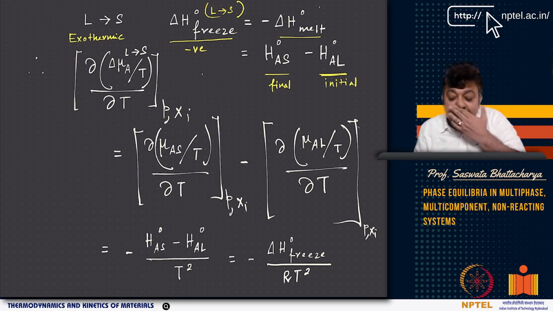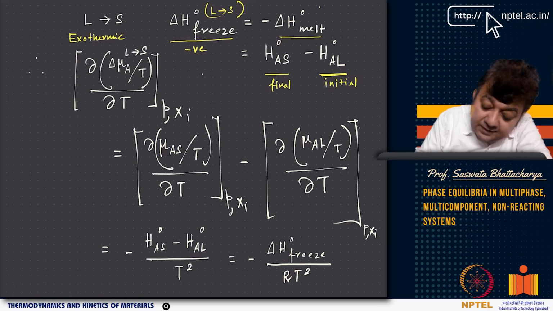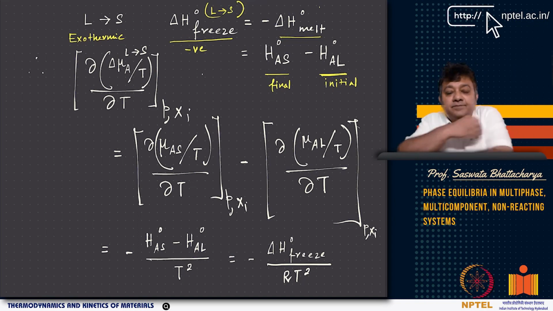Now think of this. Again you can apply it for the relative partial molar free energy of A, or the difference in chemical potential of A when you go from liquid to solid.